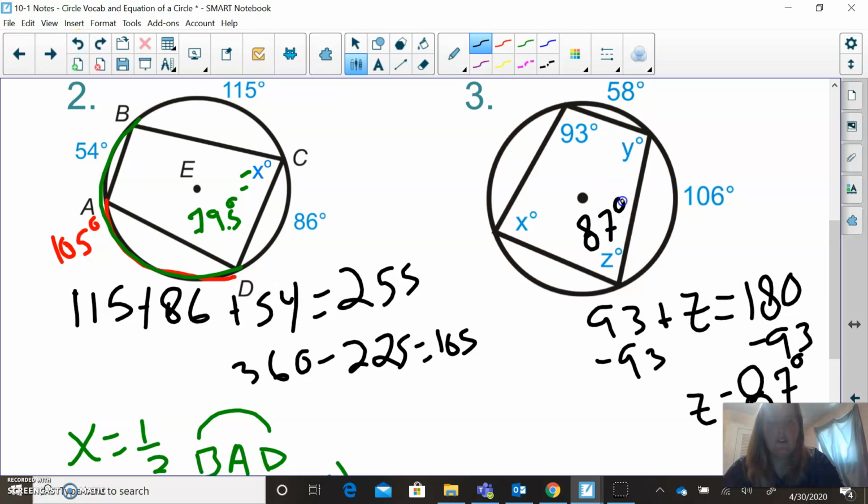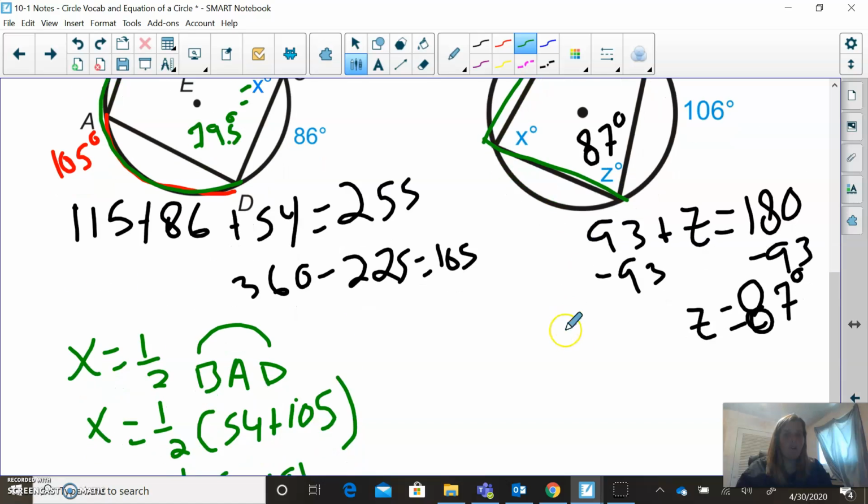87 degrees. Okay, so for x, x is half of the intercepted arc, because if you look here, where I'm drawing in green, it intercepts that big arc. So we need to add the 58 and the 106 first.